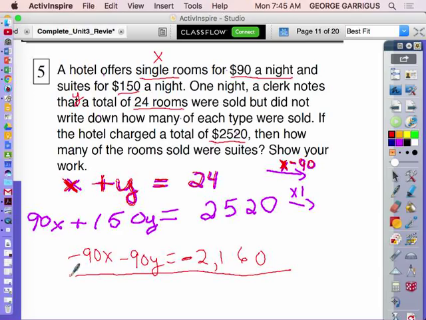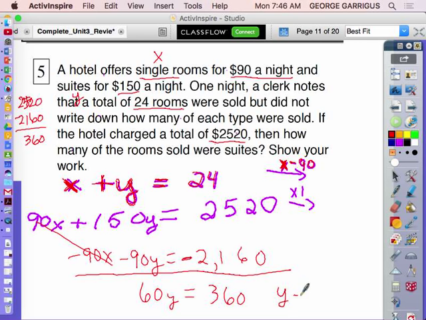I'm going to add the equations together. The 90x's are going to cancel out, and I end up with 150 minus 90 is 60y, and 2,520 minus 2,160 is going to be 360. So y has to equal 6.